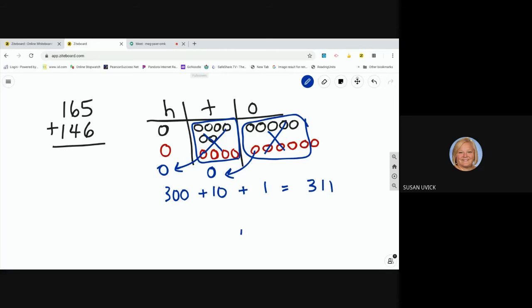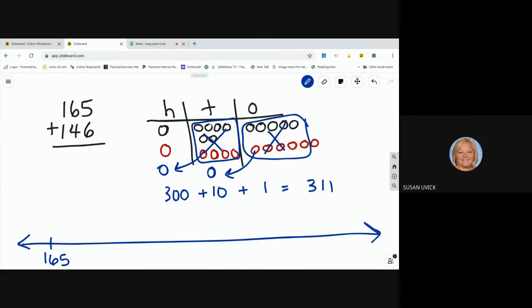Okay, let's look at that on a number line. I'm going to start down here at 165. Now I can add the ones or the tens or the hundreds first. Sometimes I like to add the hundreds. I like to get the big ones out of the way. So if I add the 100, 165 is how much? 265.